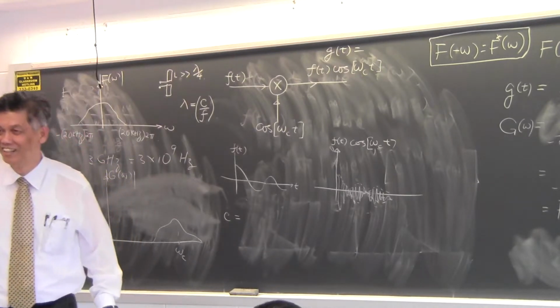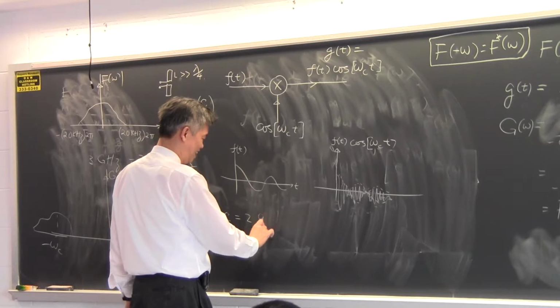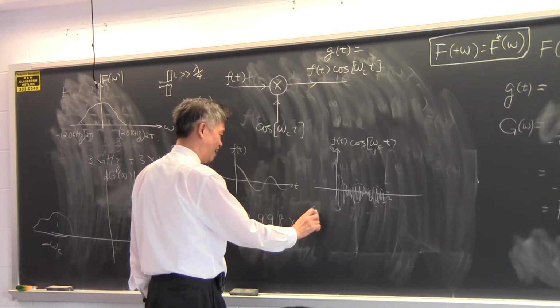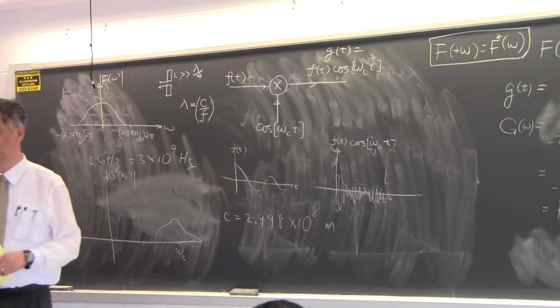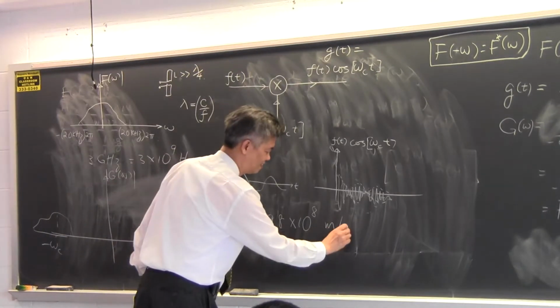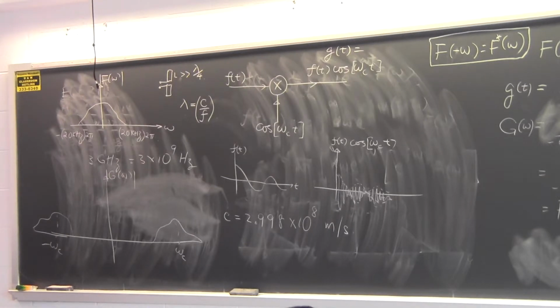What is c? It's 2.998 times 10 to the 8 meters per second. Something like this. Very high. So it's an extremely high speed signal.